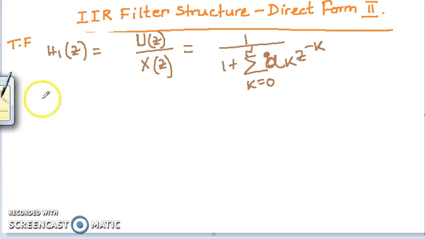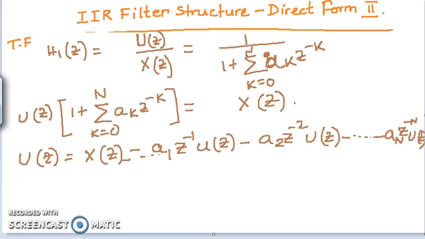Now if I derive this, what are we going to get? We can write this in this form, and if I solve this, we can get this out of it.